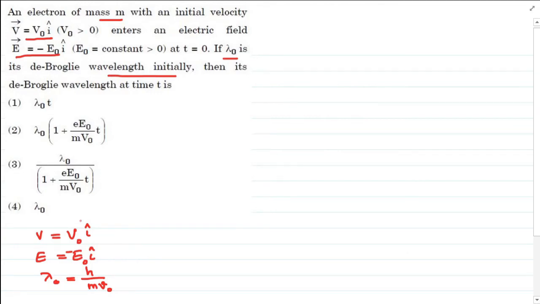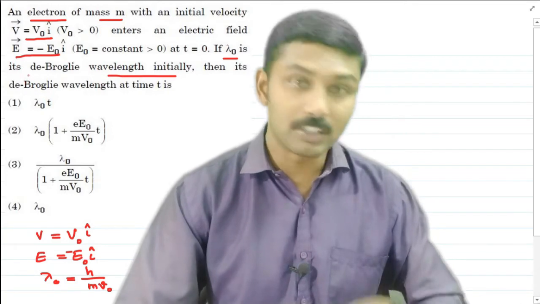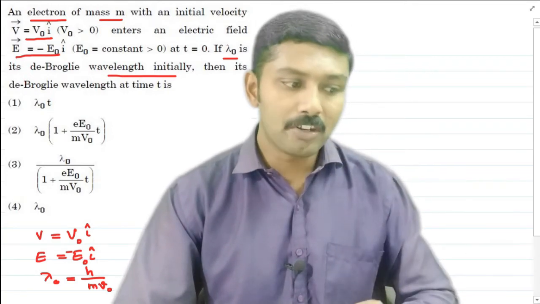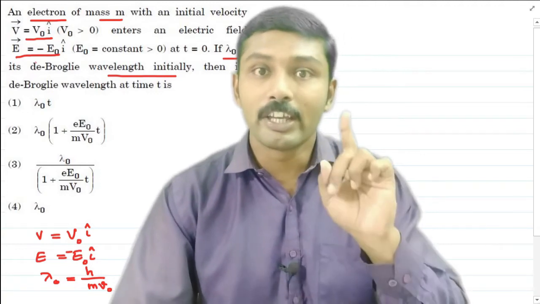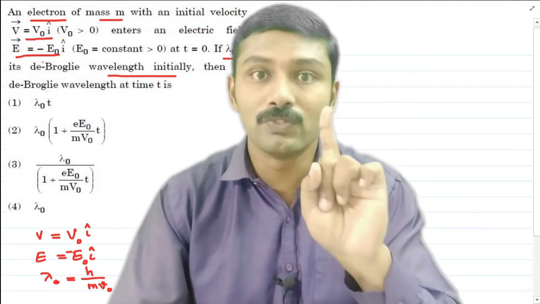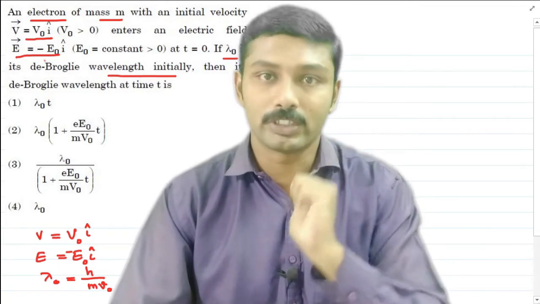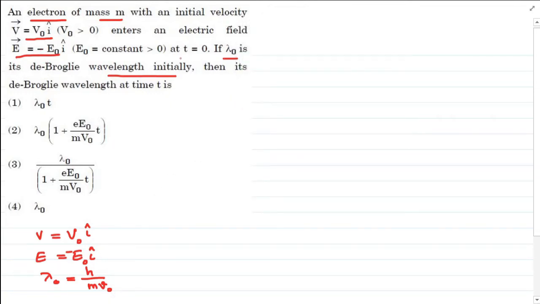Now as we proceed, it is mentioned that it is an electron, with an initial velocity mentioned. If an electron has a mass and it is moving through an electric field, it will experience a force, which we have already studied in our chapter called electrostatics. So what's the equation?